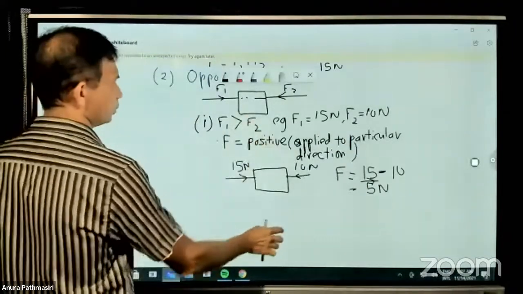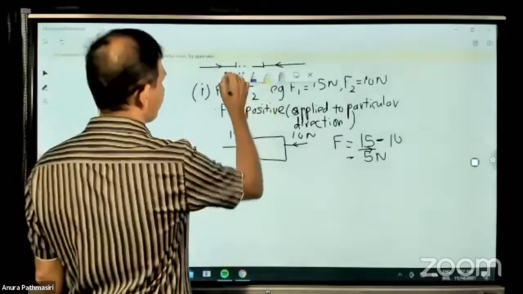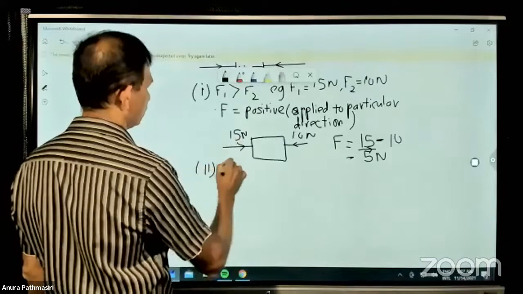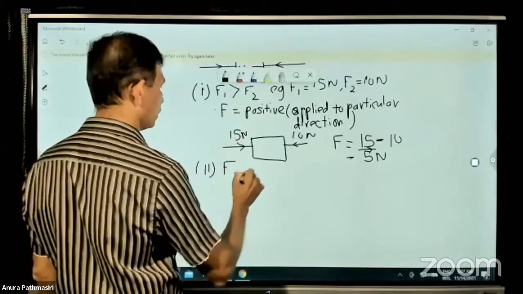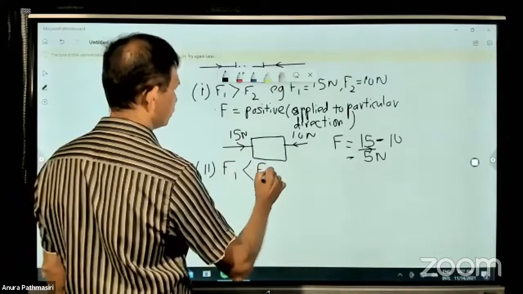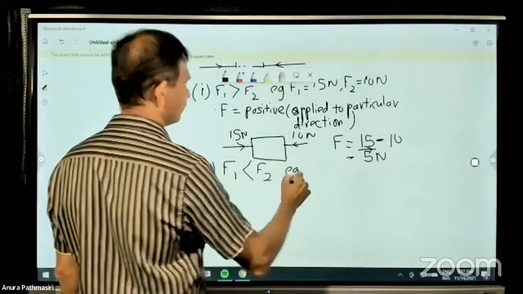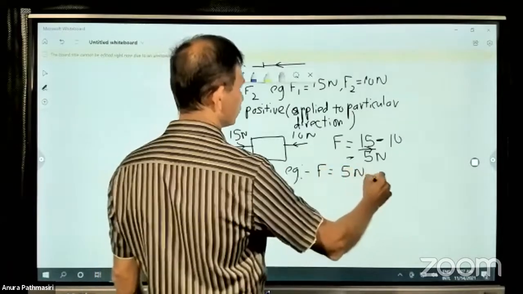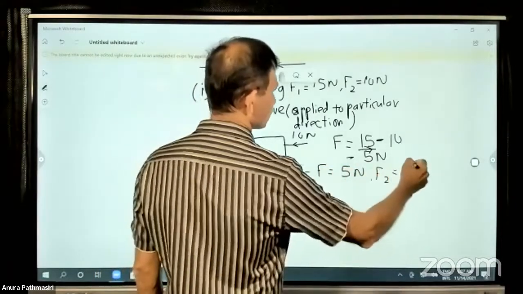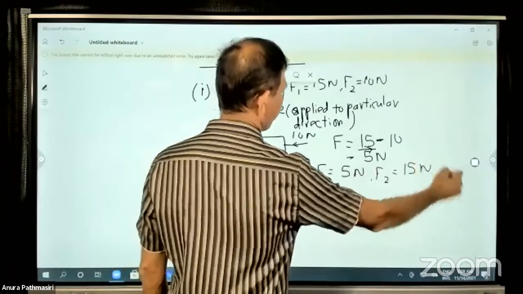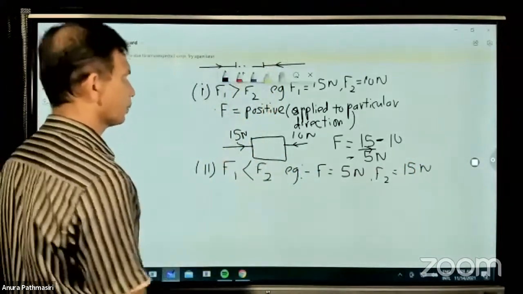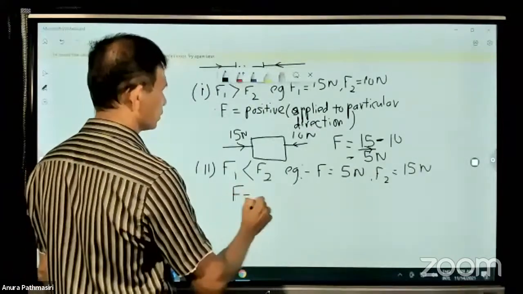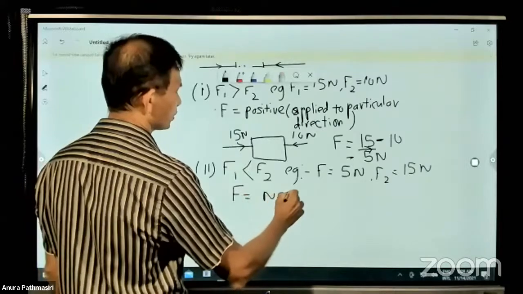If you go to the second one, F1 is lesser than F2. Example, F1 is 5 Newton, F2 is 15 Newton. Now let's see what happened. The resultant force is negative.